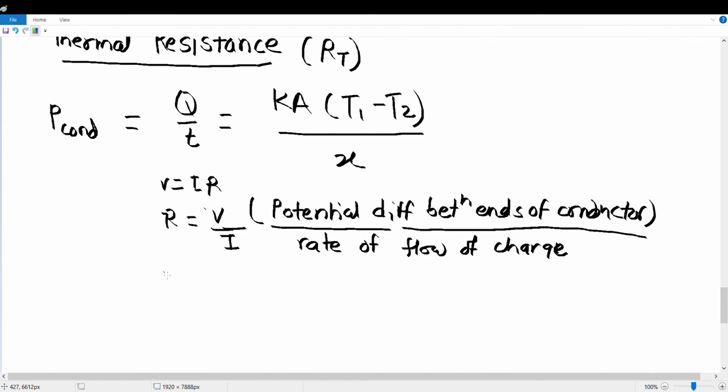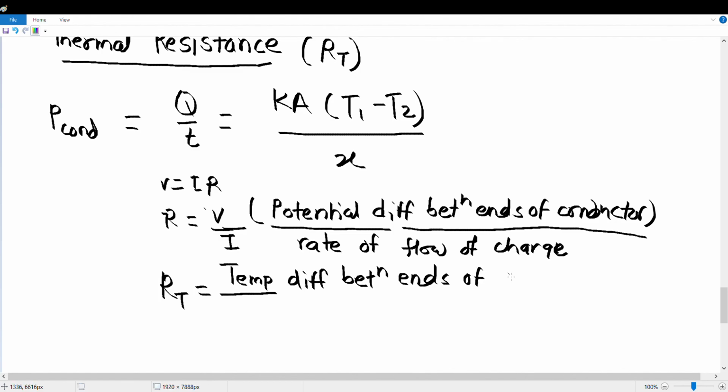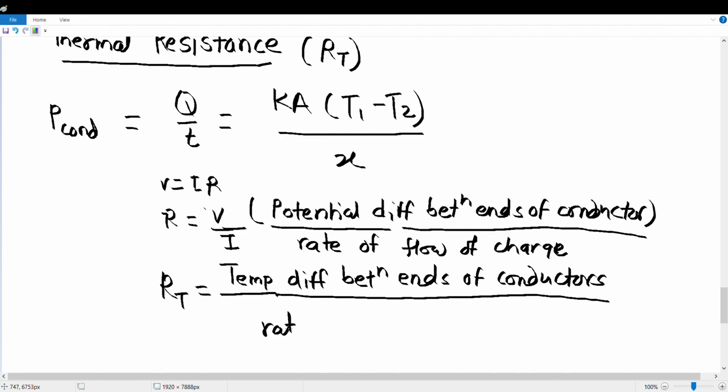Similarly, the thermal resistance is RT, and this RT is equal to, instead of the potential difference, the temperature difference between the ends of the conductor, divided by the rate of flow of, instead of charge, heat.